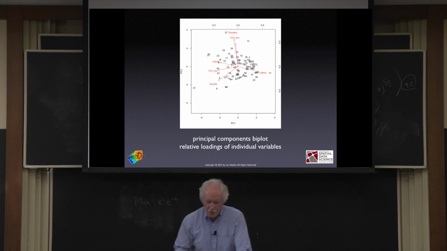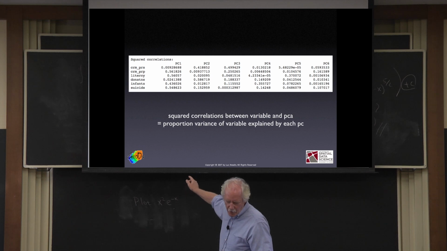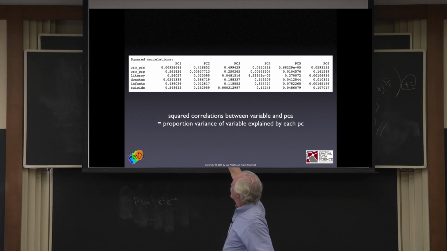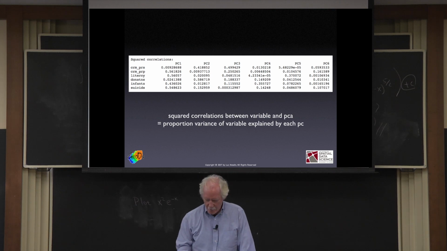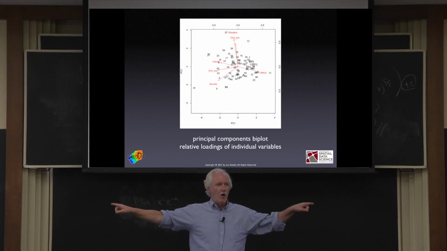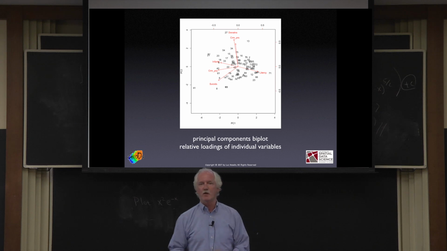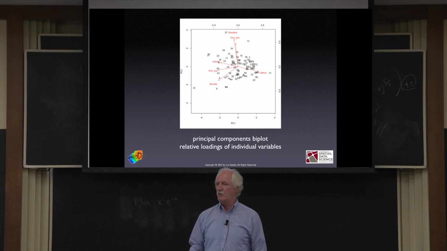So what do we see here? High arrows up for donations and crime against persons, and we go back here, and we look at the correlations on the second PC2, crime against persons and donations, very high. And then for the other ones, we see a long dimension on the first component, and they correspond with high correlations in PC1, in the PC1 column.